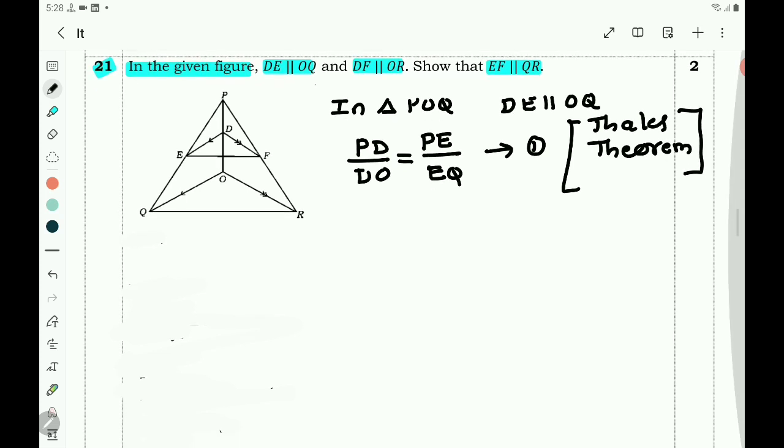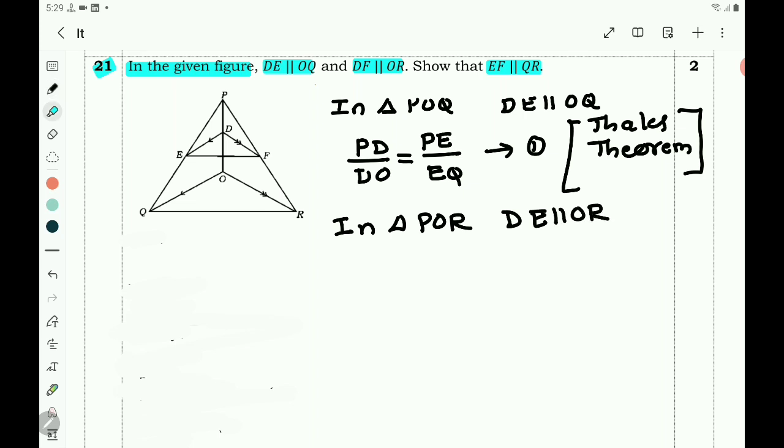Both are same here. Similarly, take the triangle POR. In triangle POR, what is parallel to what? DF parallel to OR, given.